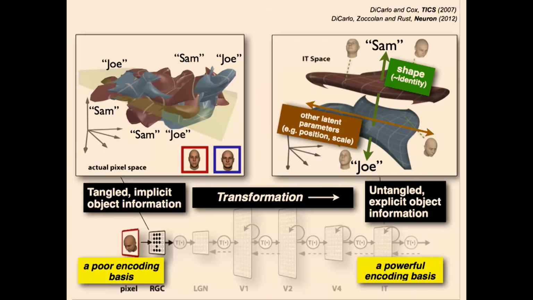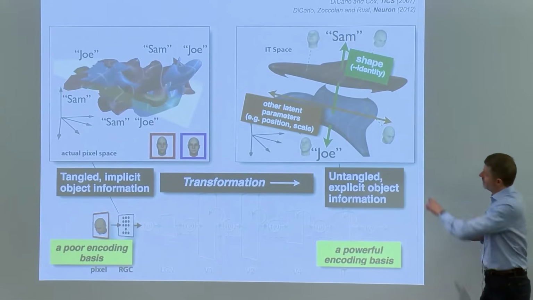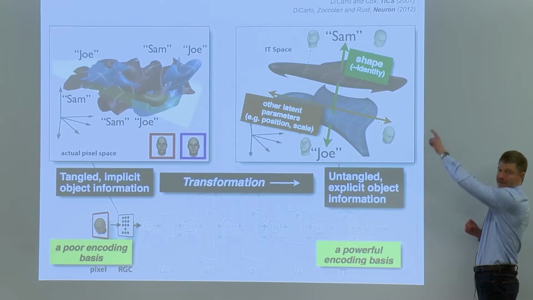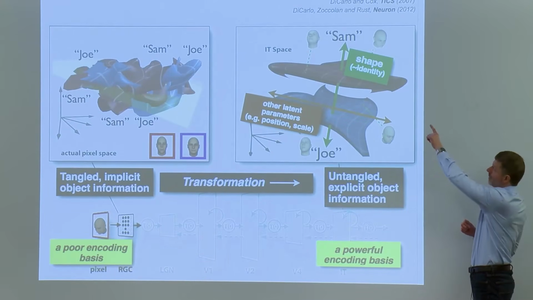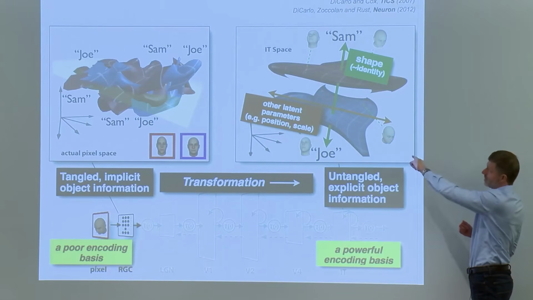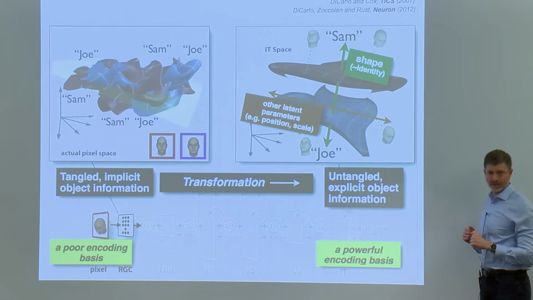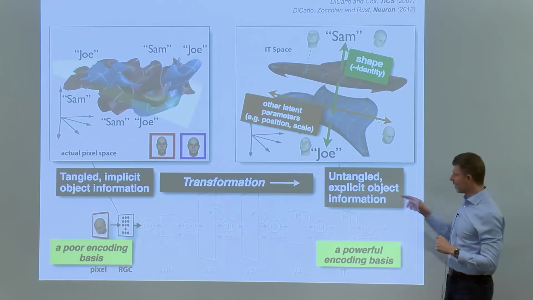And so the hypothesis is that what the visual system is doing is performing transformations on the representations of the images to end up with something where the representations of all the images of one kind of thing are in one part of the space and all the others are in another part of space. And we call that explicit.